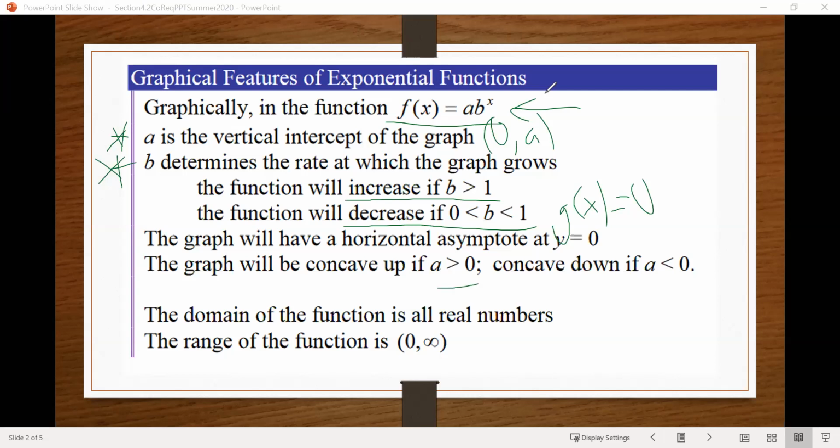The graph is concave up if that value for a is greater than 0, concave down if it's less than 0, we saw that. And additionally, the domain of the function is all real numbers, and then the range is 0 to infinity. Okay, so those are some of the basics of graphs of exponential functions.